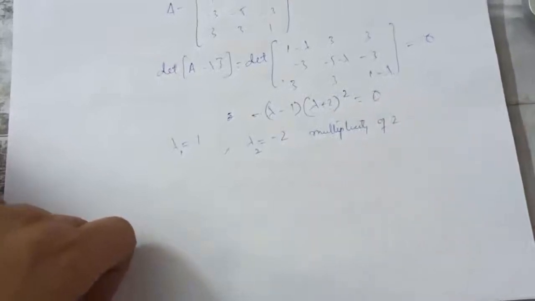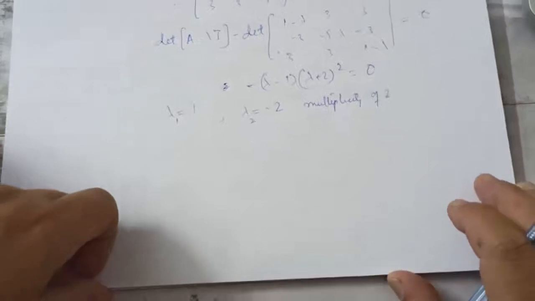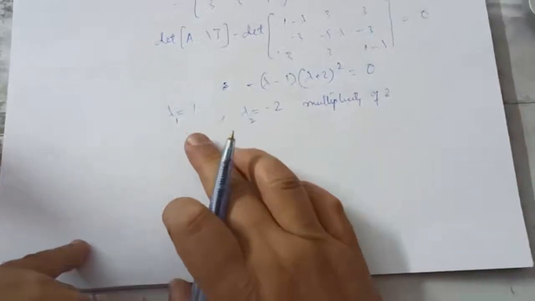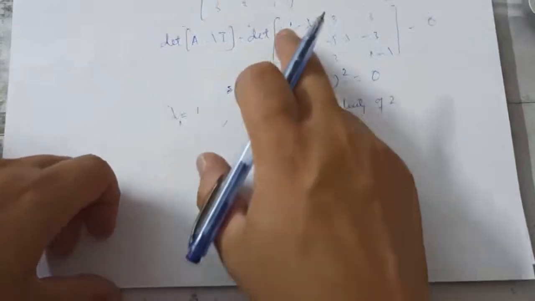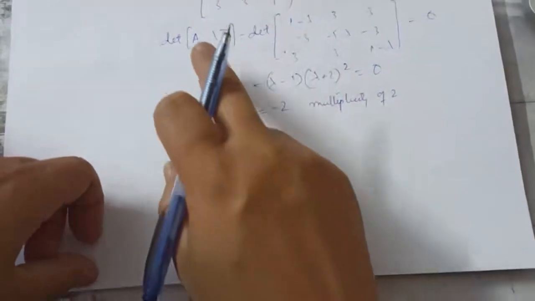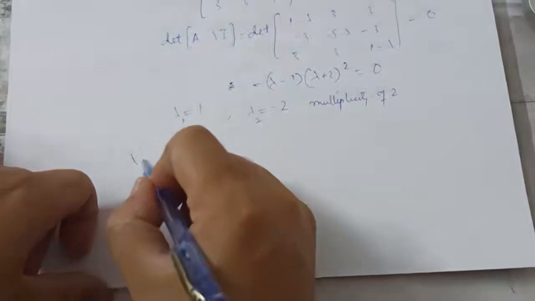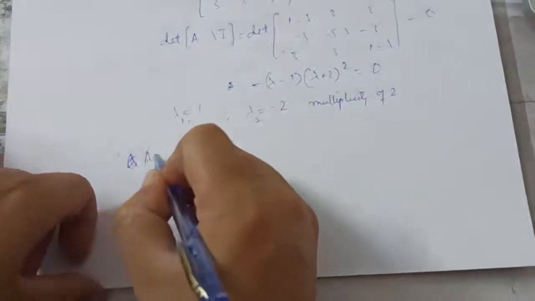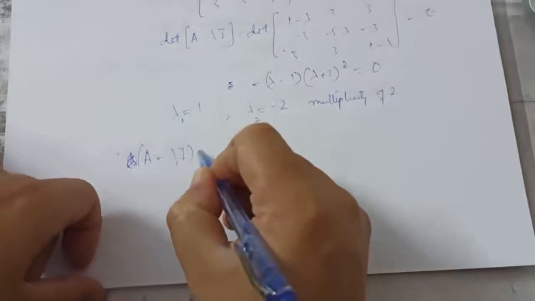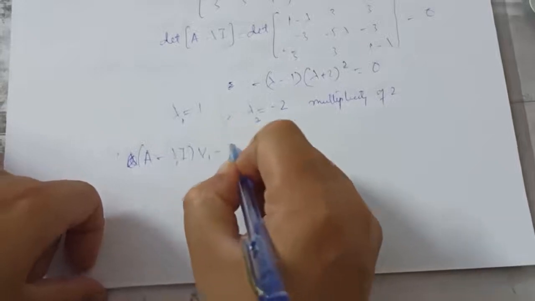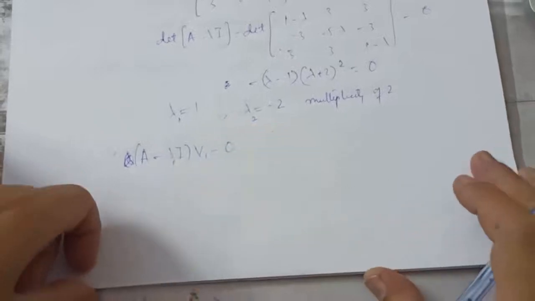Now what we have to do is find the corresponding eigenvectors for lambda 1. To find that, we simply have to solve (A minus lambda 1 times I) times v1 equals 0, right?